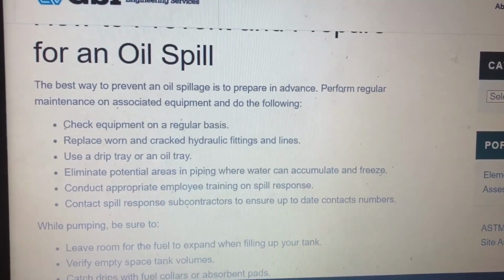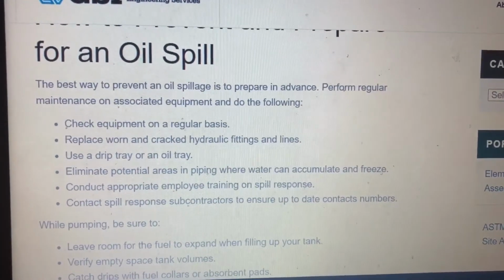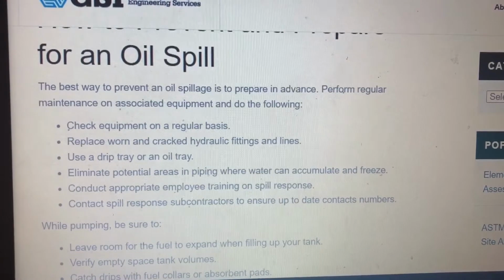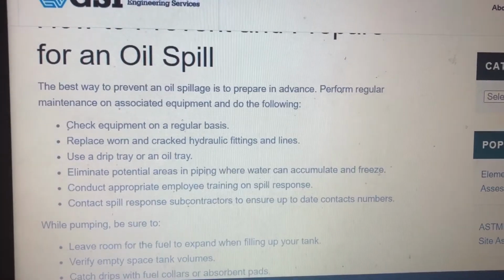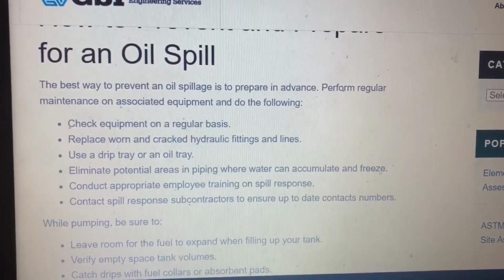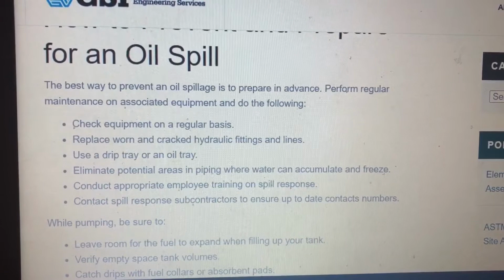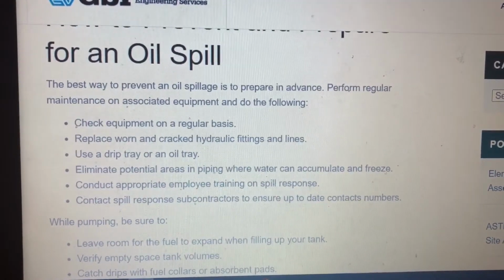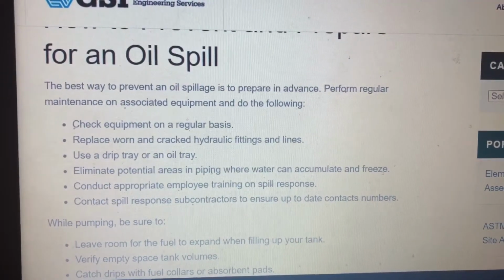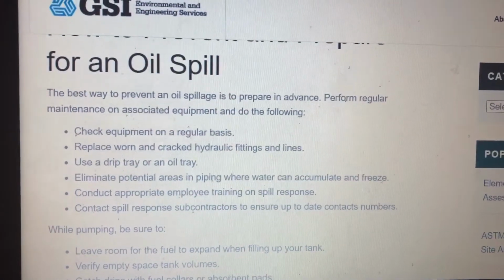Use a drip tray or an oil tray. Eliminate potential areas in piping where water can accumulate. Conduct appropriate employee training. And contact spill response as soon as something happens.